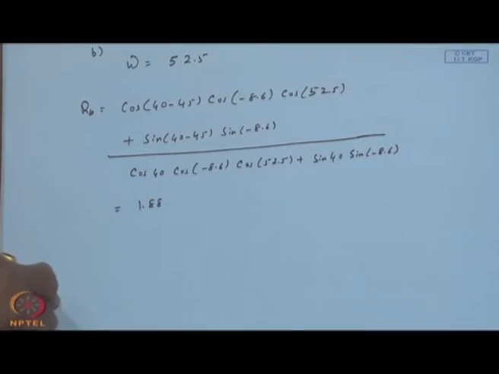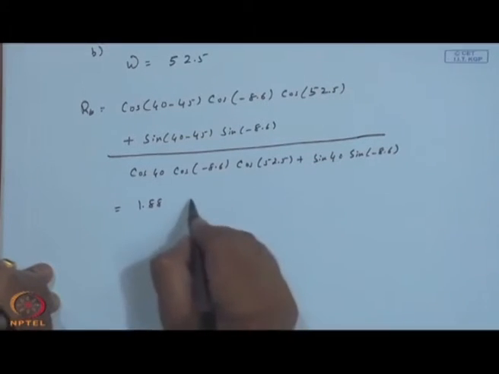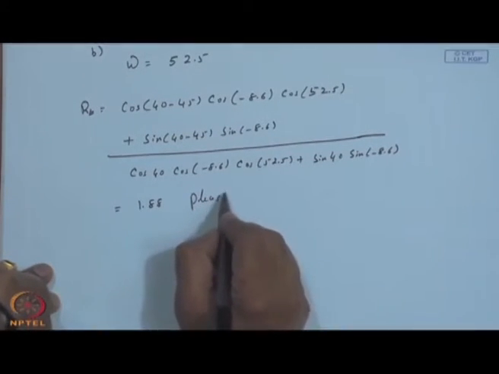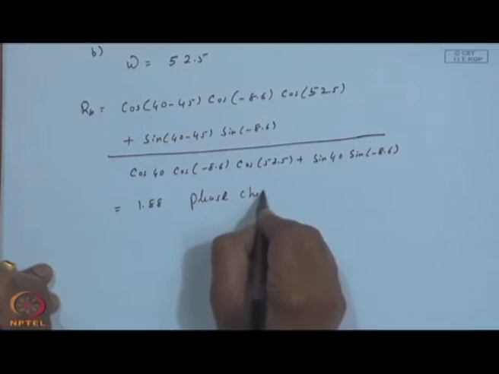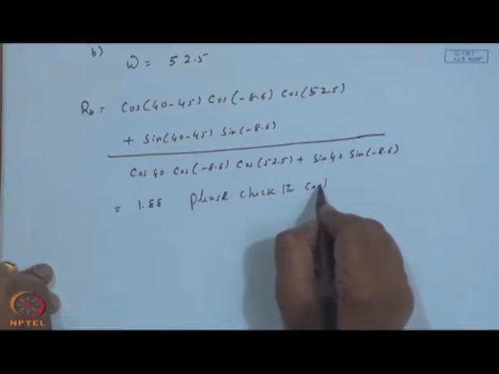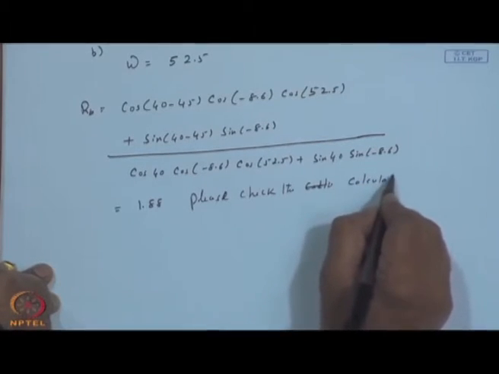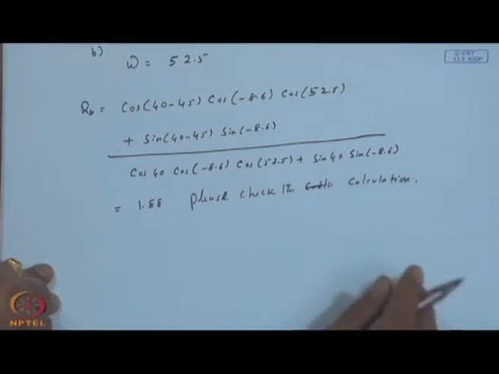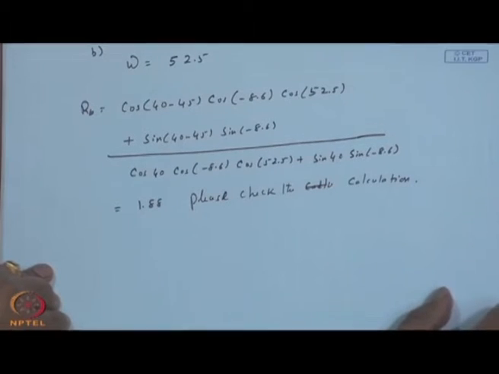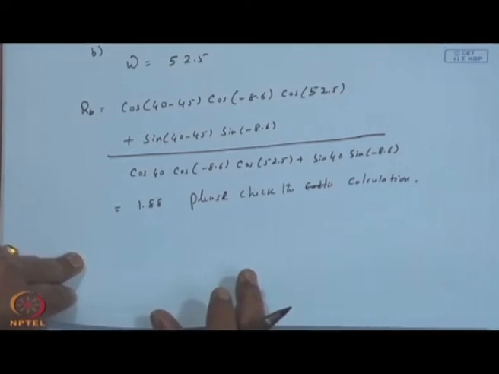In fact, it is more than 1.538. So, please check the calculation once again. It may be quite right, but I believe at 3:30 it may not be higher than what it is at the noon time, unless your phi minus beta is making a different situation.